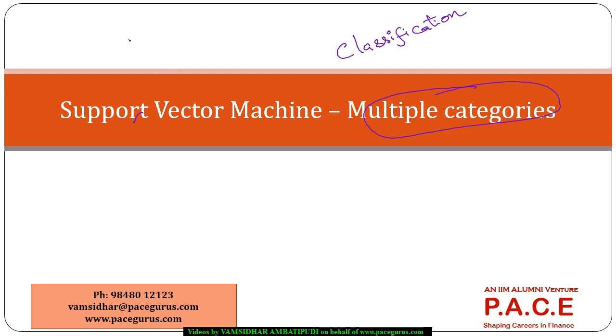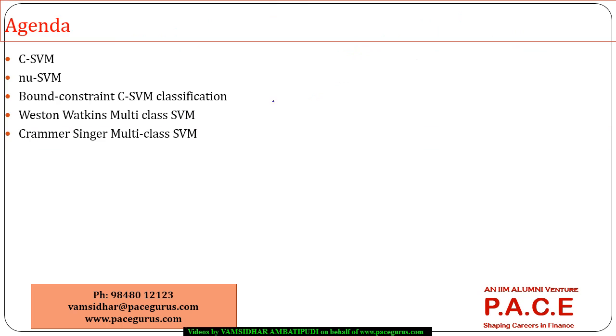In our earlier session, we looked at how we can use support vector machines when the response variable has only two categories, which is a binary classification. But here we are talking about the response variable having more than two categories. That is why we are calling it multi-category data.